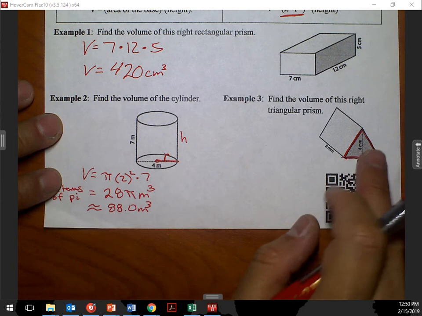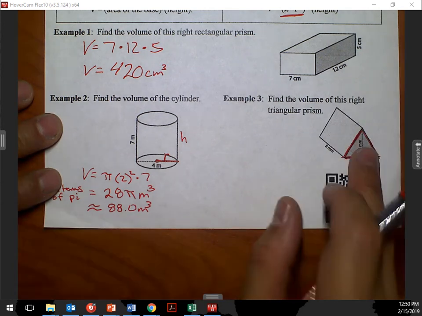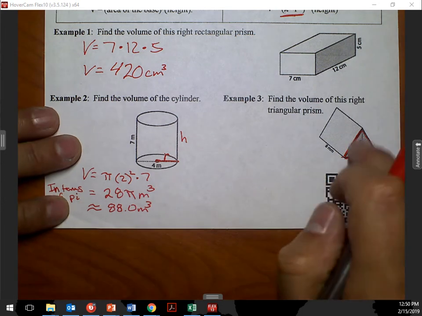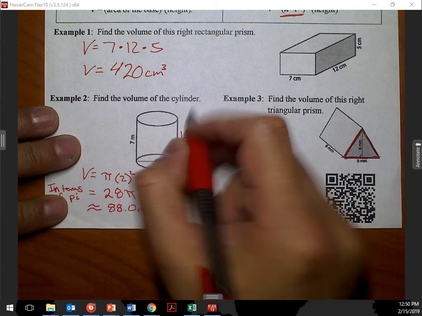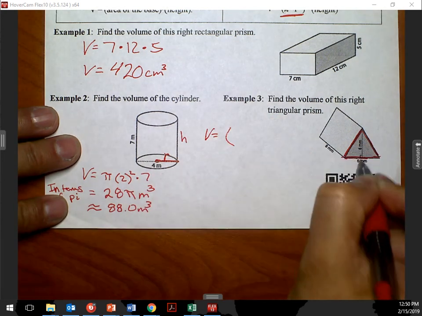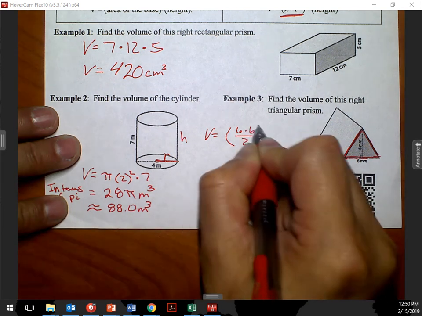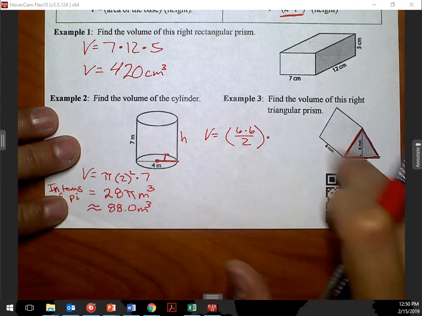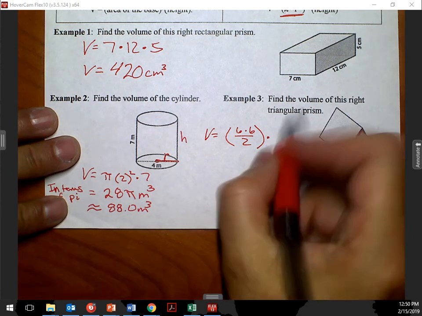So we're going to take the area of the base, which is this right here. What is the area of the triangle? Watch this. It's base times height divided by 2, right? So my volume is going to be 6 times 6 divided by 2, times what is going to be the height of this? It's going to be 8.